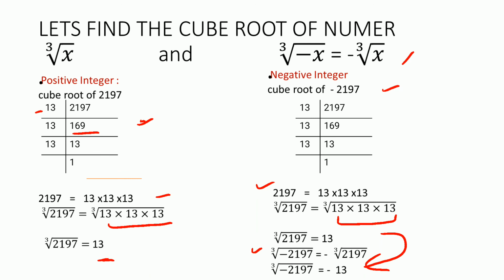Nobody will write the negative sign in the prime factorization steps. Nobody will put any sign in prime factors. We will make prime factors only of a positive number. Here you will see that the cube root of a negative number is always equal to negative and then the cube root of that number.